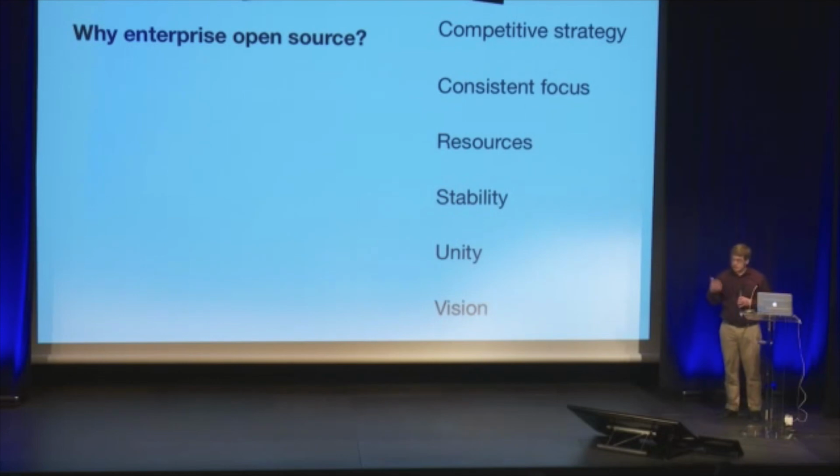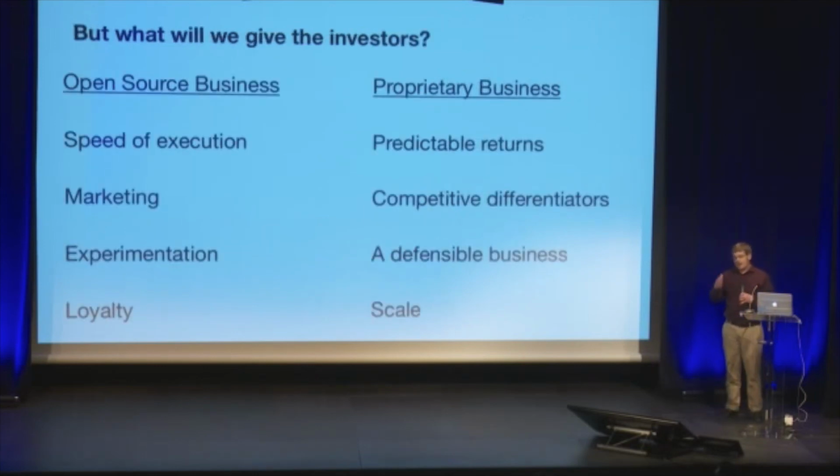Now, enterprise open source provides similar benefits to open source software. It provides a consistent vision, a place where people can collaborate and rally around, but it also provides resources, which allows a competitive strategy. But we have to attract investors, the businesses, to this ecosystem. As an open source business, we can promise a speed of execution, word of mouth marketing, lots of innovation and experimentation, and intense loyalty.